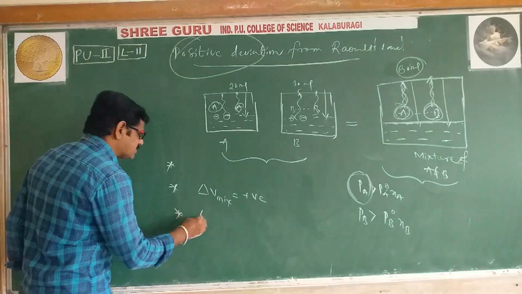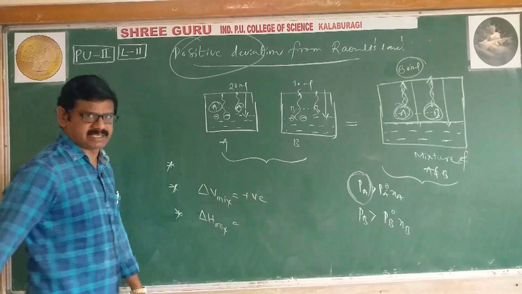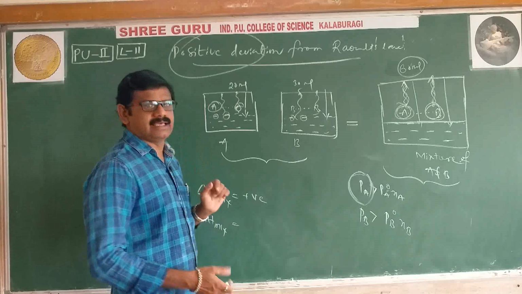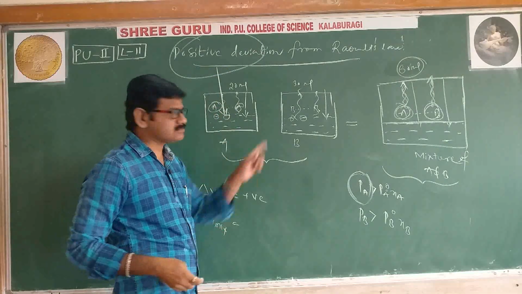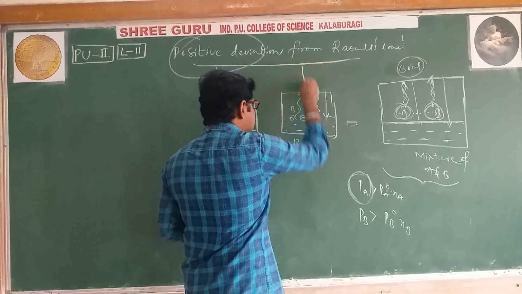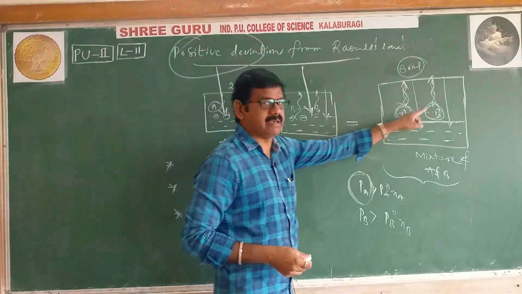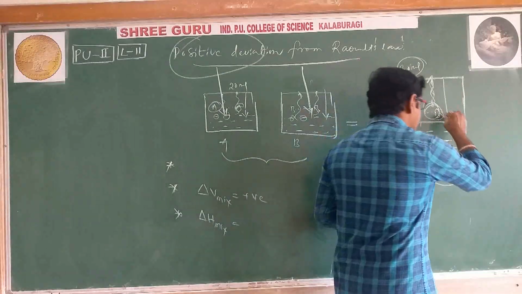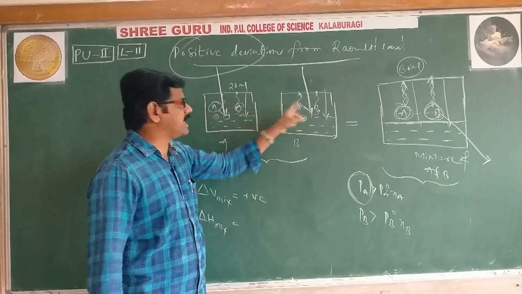Next characteristic feature, delta H mixture. Let's see what happens. Here between A and A, attraction forces are strong. We have to break the attractions. B and B, attraction forces are strong. We have to break those attraction forces. And here an AB bond has formed. After formation of the bond, energy is released.